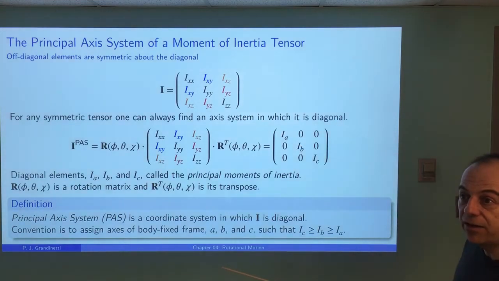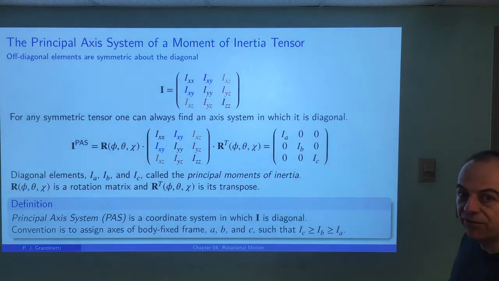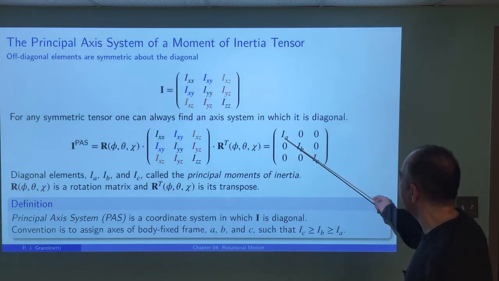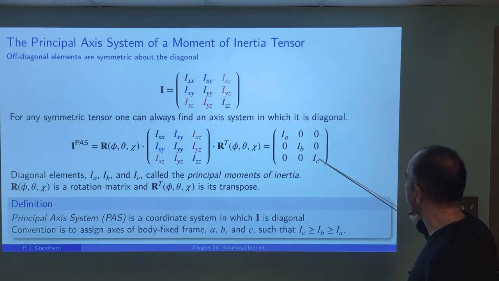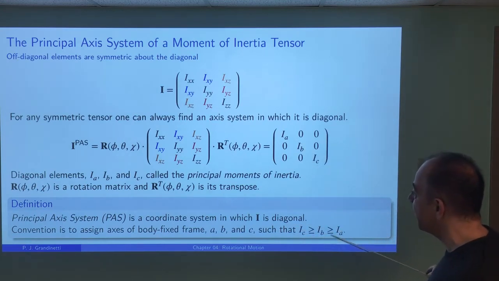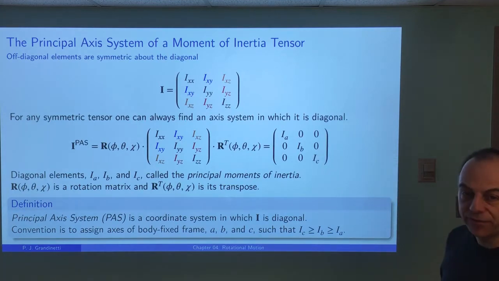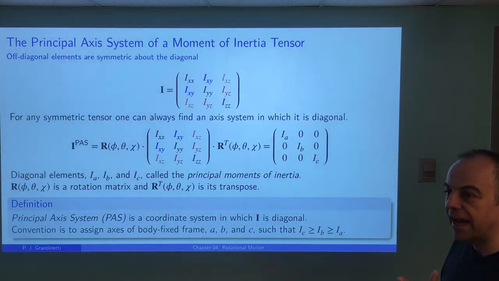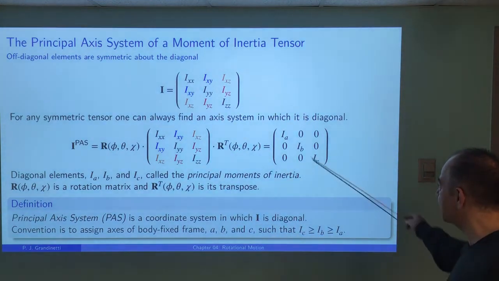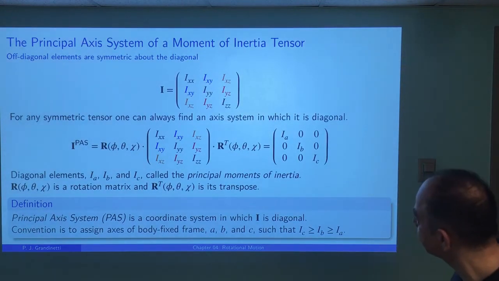So whenever you find your transformation that gives you a diagonal matrix, you want to redefine what was x, y, and z so that the largest, smallest, and intermediate are in their assigned places. Once that definition is done, you've defined what we call the principal axis system for the moment of inertia tensor. So it's not just the diagonal frame, but a diagonal frame with the axes correctly labeled, A, B, and C, to make it the principal axis system with this convention.